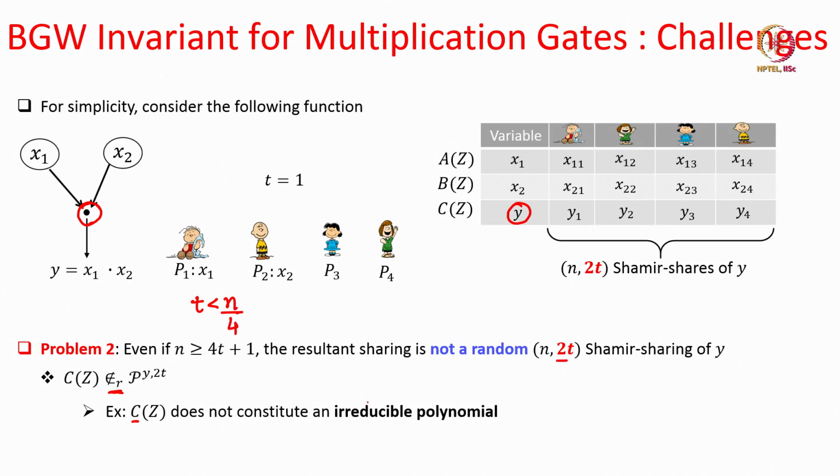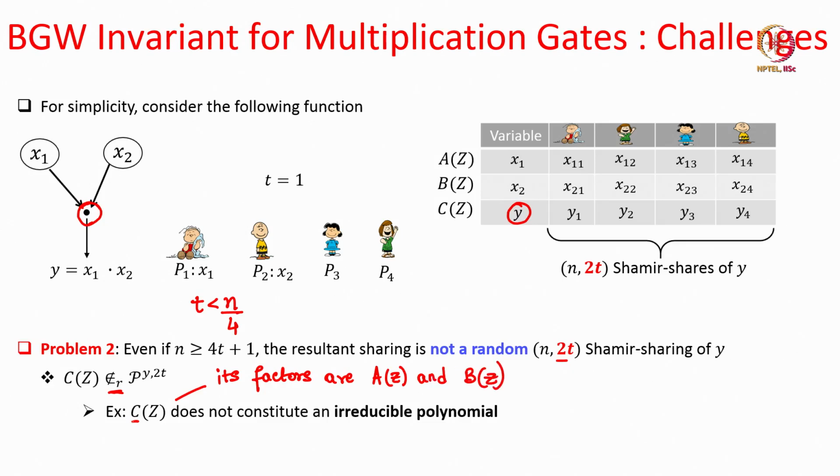For instance, this c polynomial does not constitute an irreducible polynomial, because its factors are the a polynomial and the b polynomial.